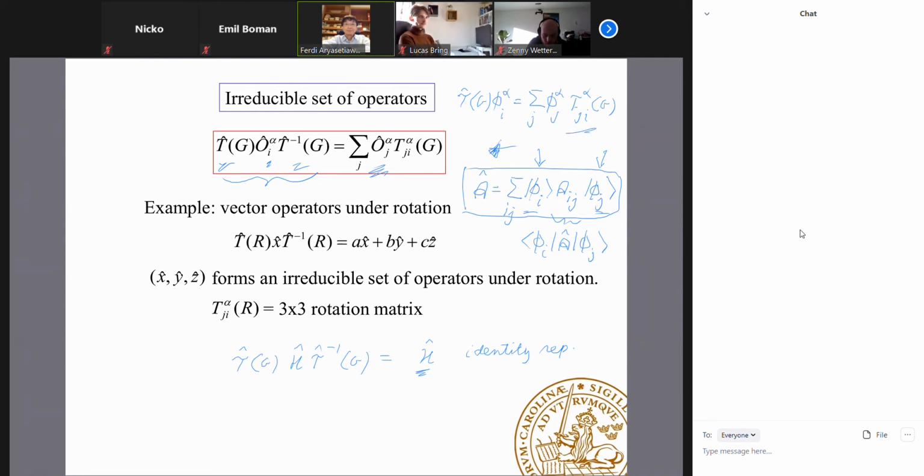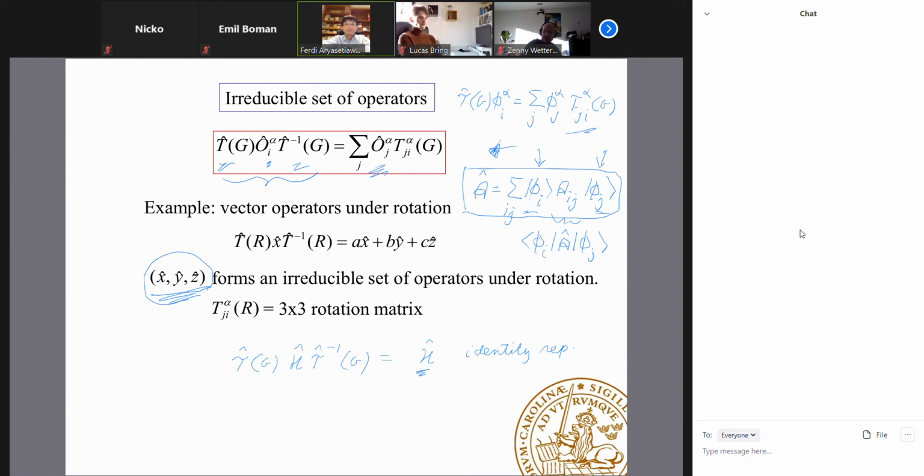So let's consider an example to see what we have here. So we take vector operators like x, y, and z. Then this set of vector operators actually form an irreducible set under rotation.